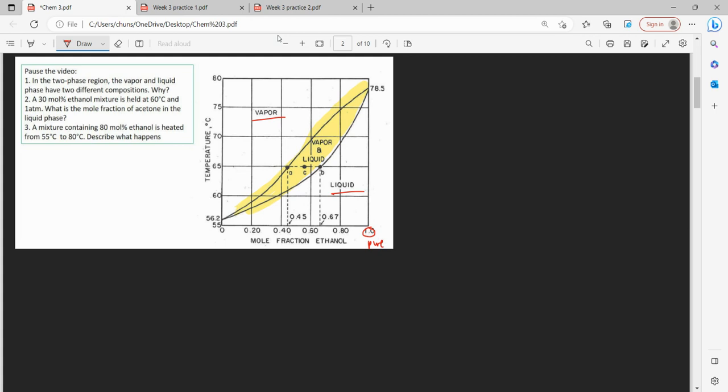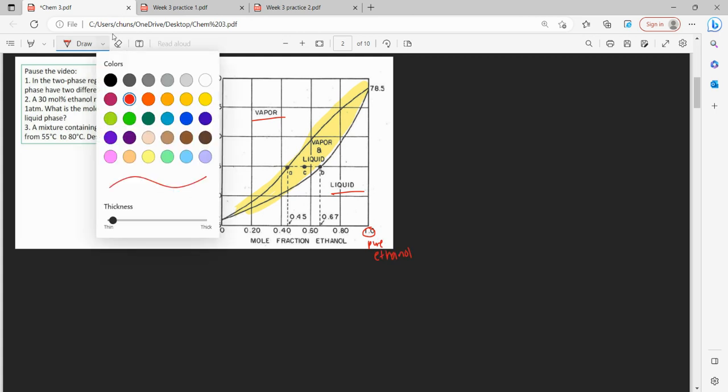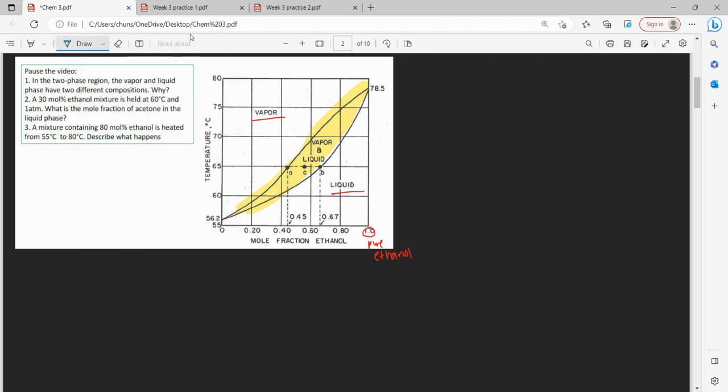So this is pure ethanol. And then the other side is our pure component of the other ingredient. So this would be pure acetone. Because if there is a 0 mole fraction of ethanol, that means there's none present, which means all of our other component is present in that case.